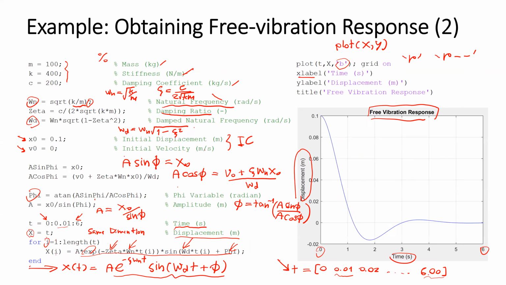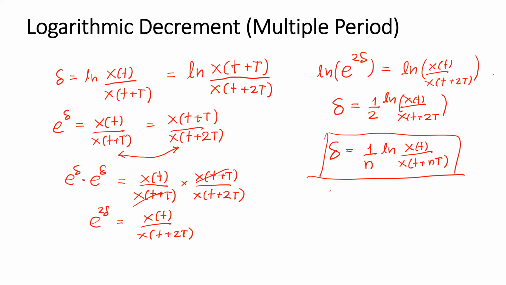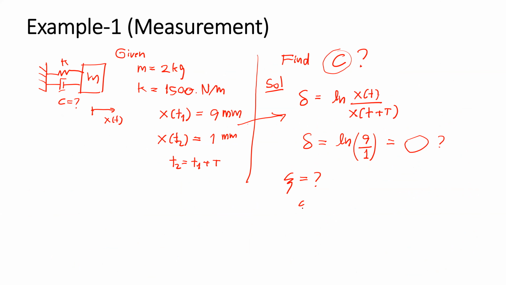So the damping ratio is equal to delta divided by the square root of delta squared plus 4 pi squared.